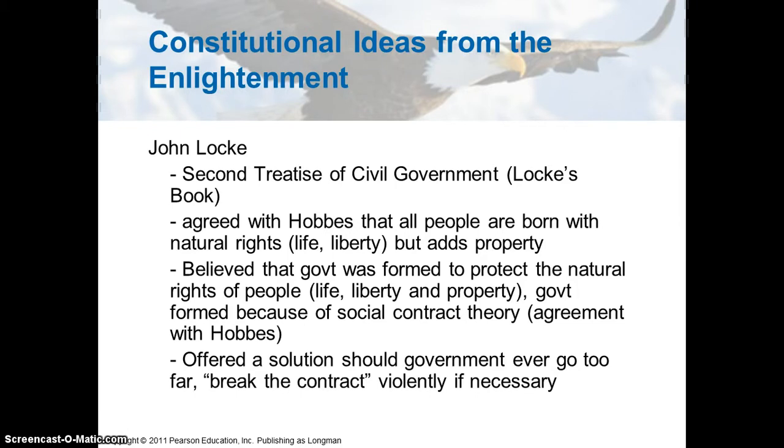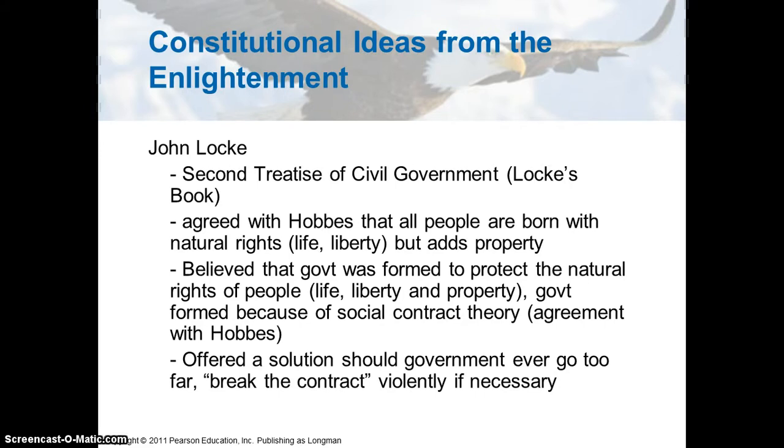Locke agreed with Hobbes, again, that government is there to protect our natural rights of life, liberty, and property. He also agrees and expands upon the idea of a social contract theory. Locke takes it a little bit further and says that in our contract with government, if government should go too far and infringe upon our natural rights too much, we should break the contract, and it could be violently if it was necessary.